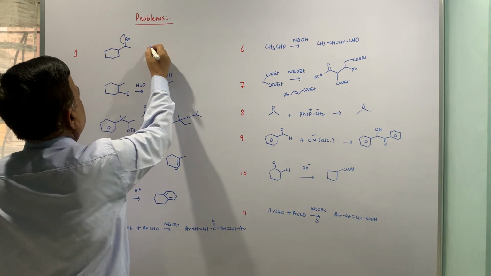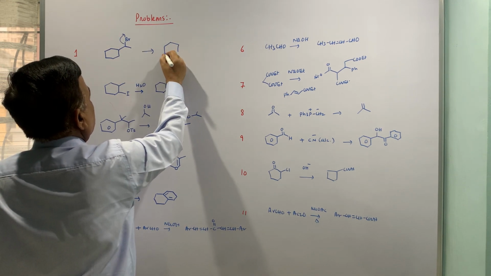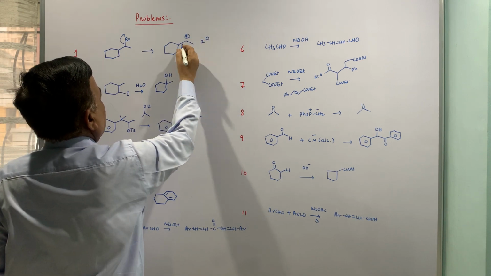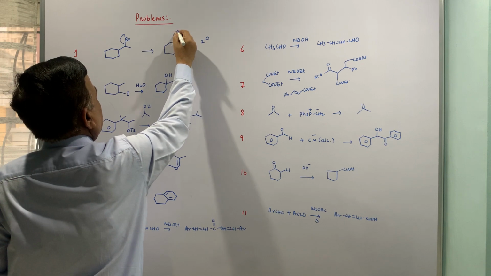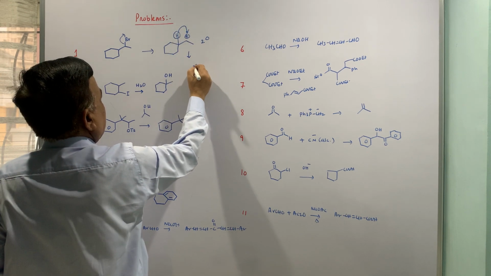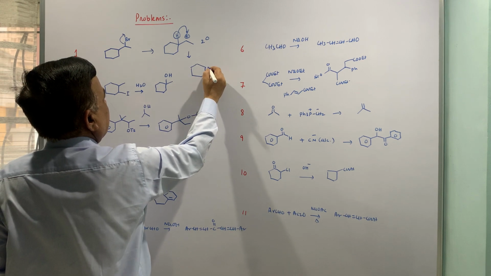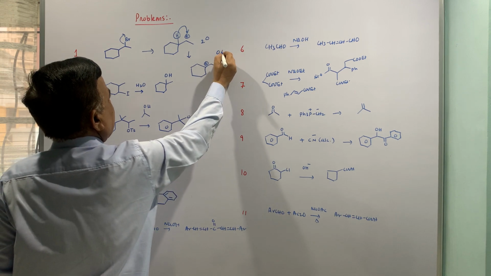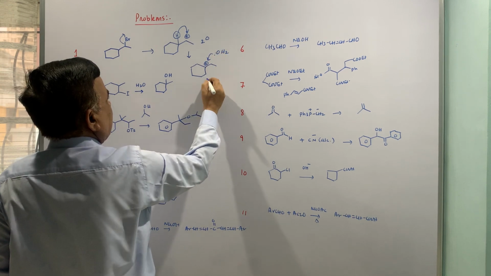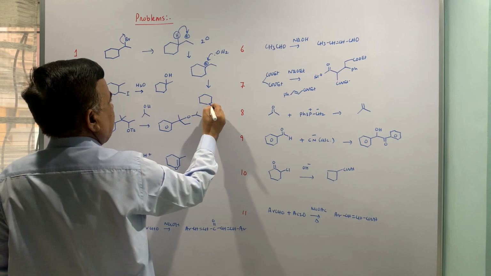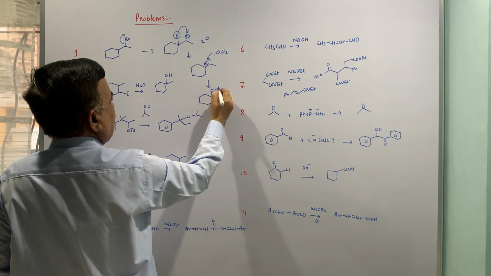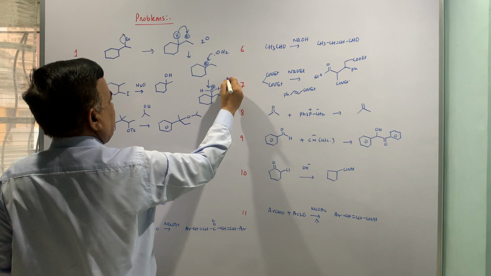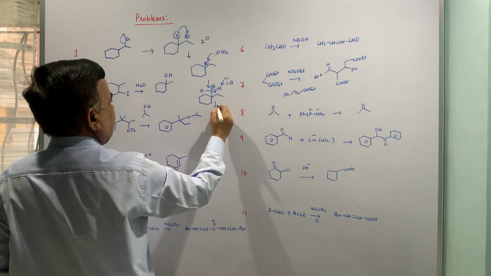If this goes off, we expect the formation of secondary carbonium ion. The hydride shift will make it tertiary, and if this reacts with water, you get OH2 plus initially, and then the conjugate base can abstract the proton, and that is how you get the target molecule.